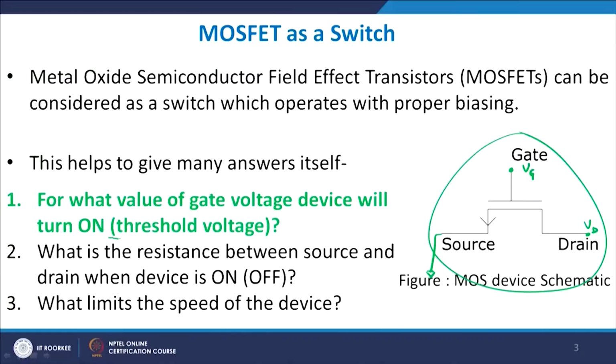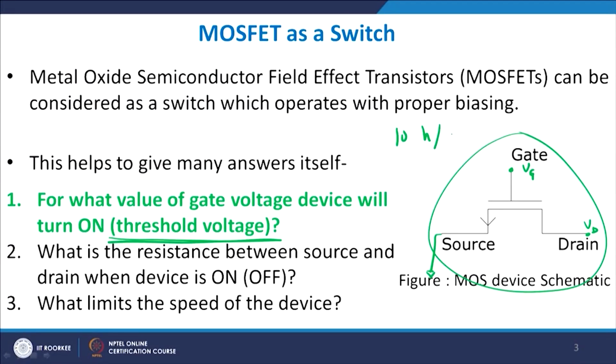So we define a new term known as threshold voltage. How do you define threshold voltage? That gate voltage at which the number of electrons per unit area or volume is exactly equal to the number of holes that were there per unit volume earlier.